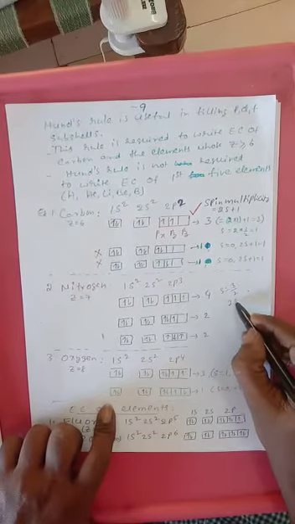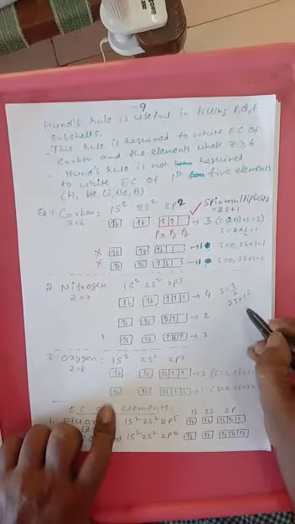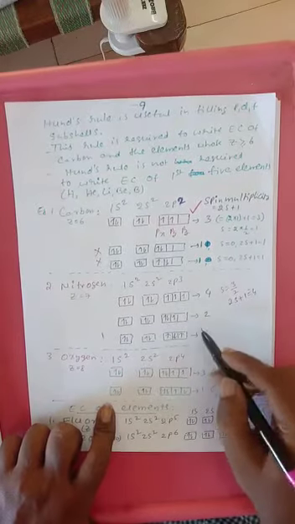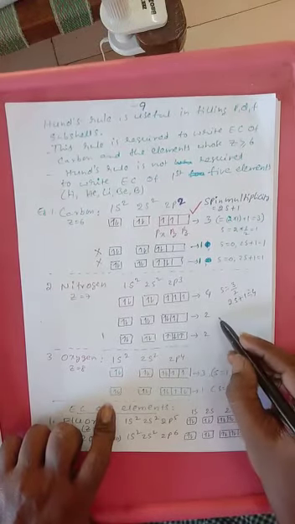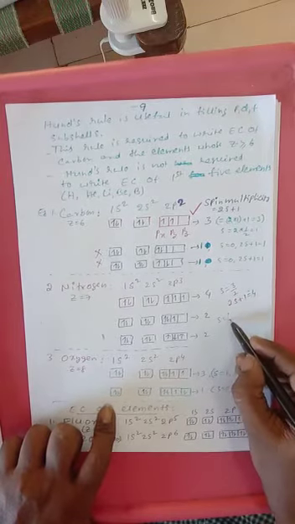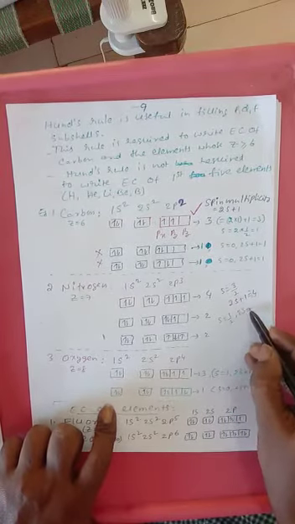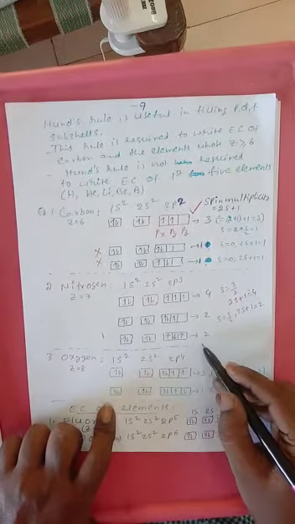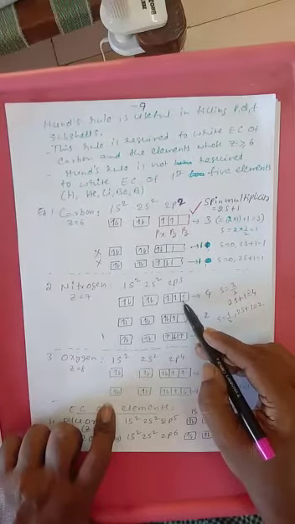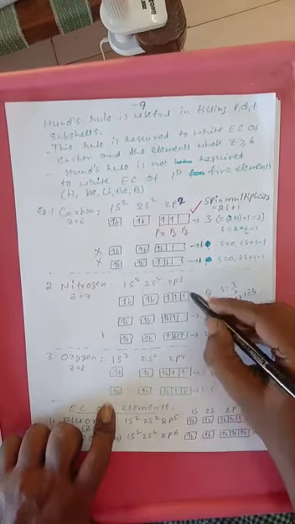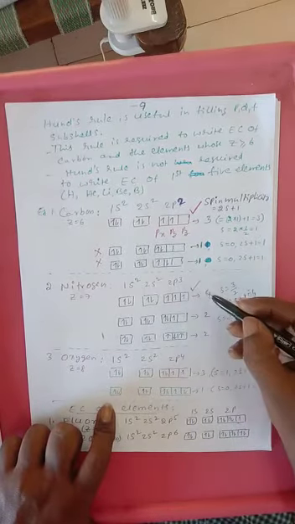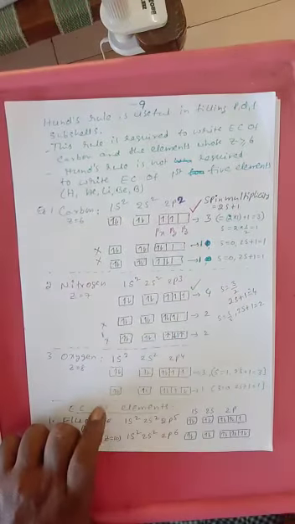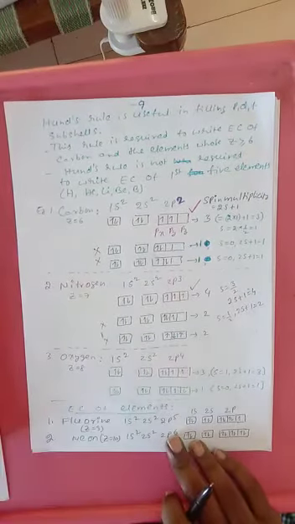So 2S plus 1 is 2 into 3 by 2 plus 1, which is 4. In a similar manner here, S is equal to half, so 2S plus 1 is 2. Here also 2. Maximum spin multiplicity is seen only in the first one, so this is the correct configuration for nitrogen according to Hund's rule. These are wrong configurations.